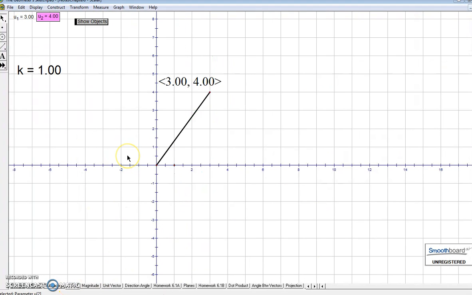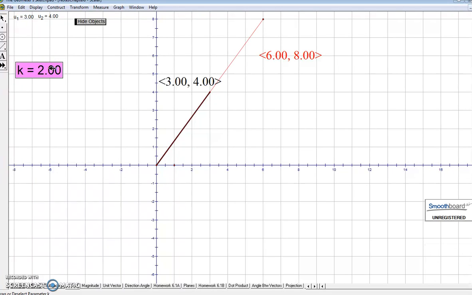So I can't put both of the vectors up there, but this is the vector 3 comma 4. I don't have the arrow here, so you have to imagine the arrow there. But if I were to take a k value and simply multiply, so now it's double the length. You see how it doubles the length. If I were to go backwards, I make it -1, it goes in the other direction.